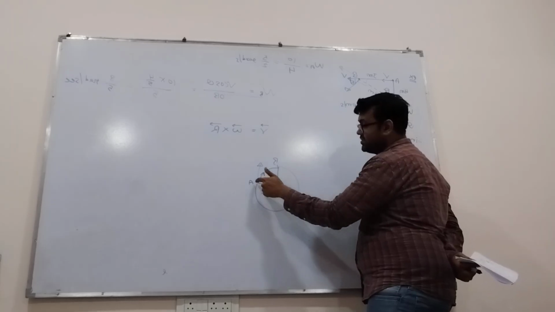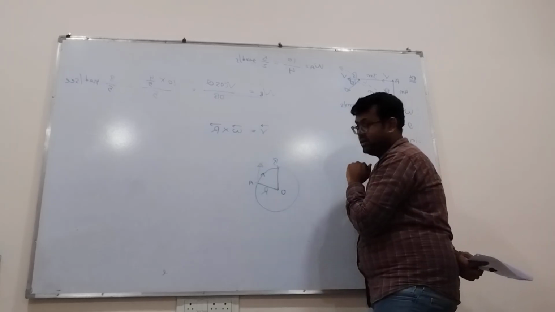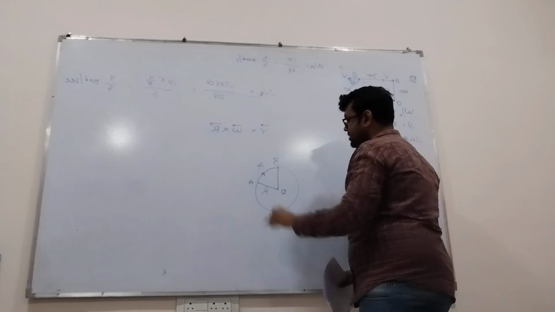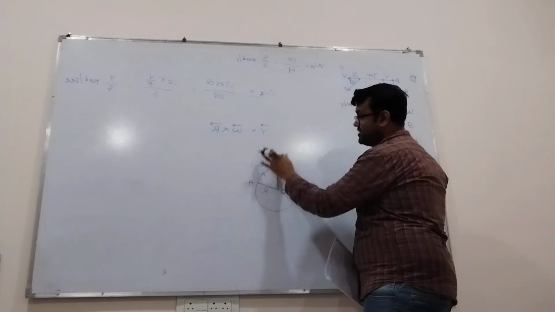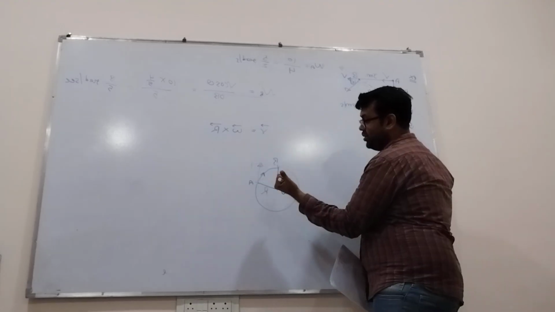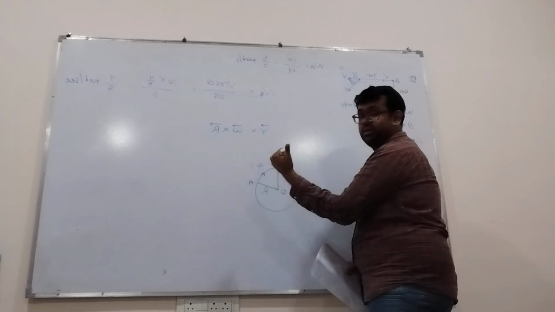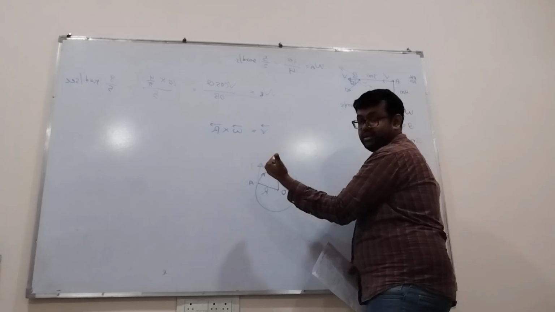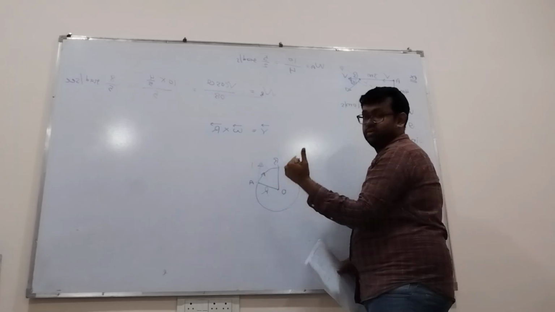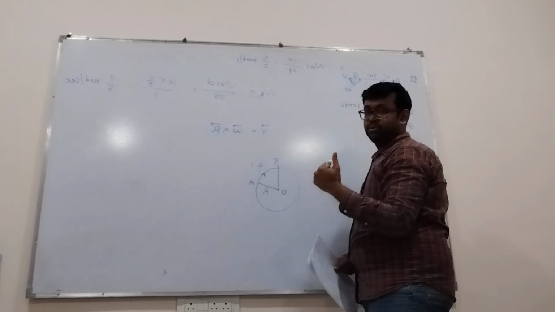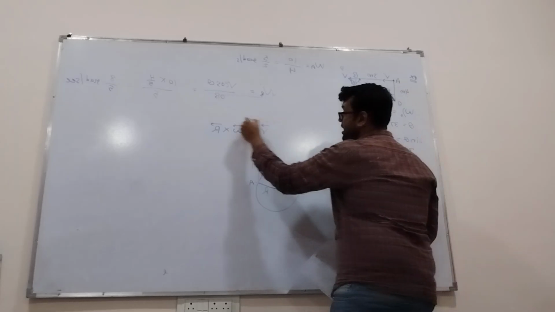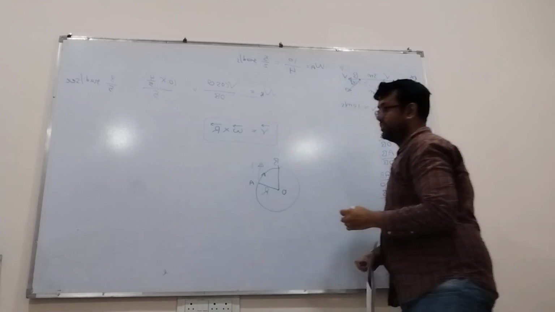Here r is perpendicular to omega, and velocity v is in this plane. And omega, which is out of the plane, and v also make an angle of 90 degree, right? So omega and v are also perpendicular to each other. So all these terms are perpendicular to each other.